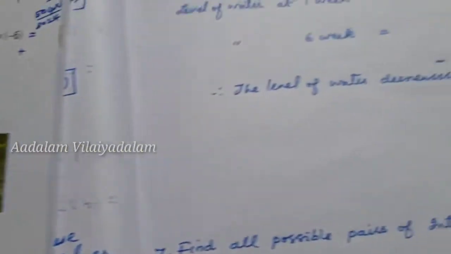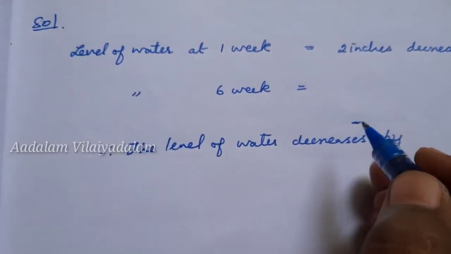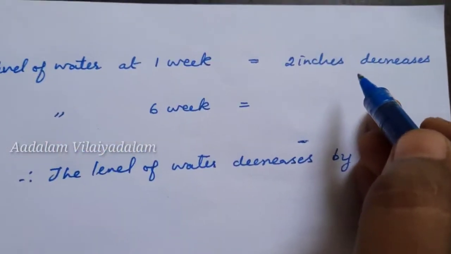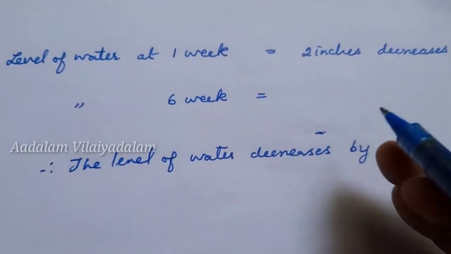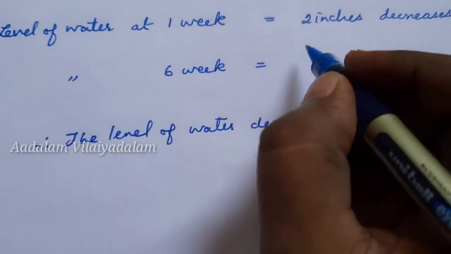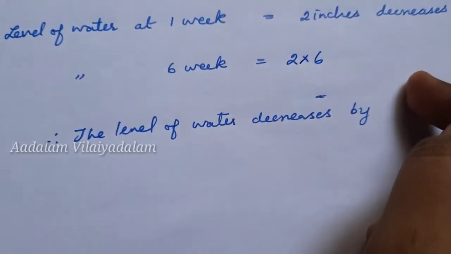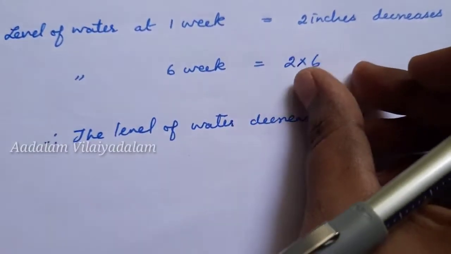So let's move to the solution. Level of water at every week, 2 inches are decreasing. If it is decreasing, after 6 weeks what happens? After 6 weeks, 2 into 6. So you have to multiply the 2 inches with the 6 weeks.